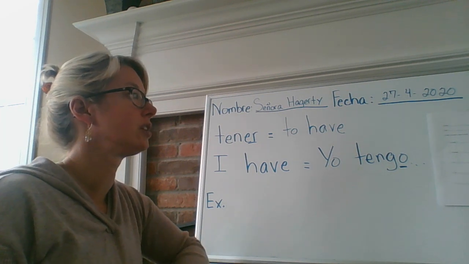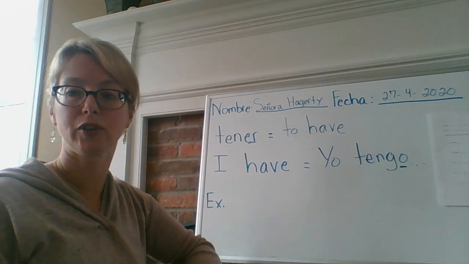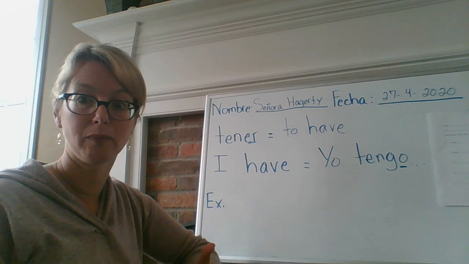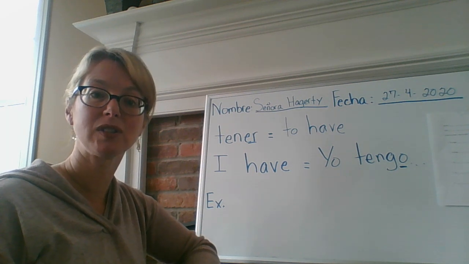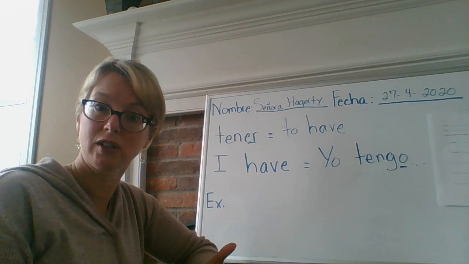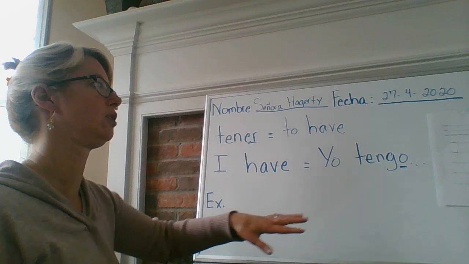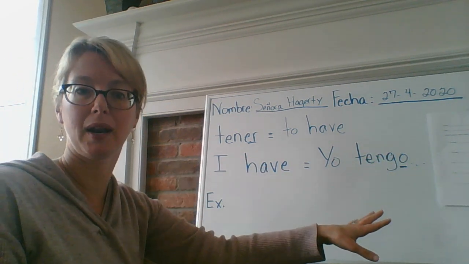On your worksheet, the first 2 sentences, I actually wrote for you the words yo tengo. You don't have to write them. You just have to write for me who you have in your family. Do you have a sister? Do you have a brother? If you do, you might write yo tengo una hermana.